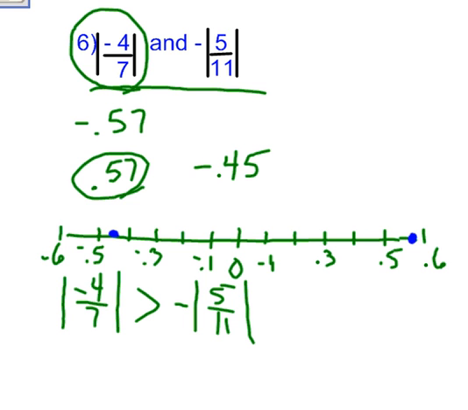And the other way we can write it is the negative absolute value of 5 over 11 is less than the absolute value of negative 4 over 7.